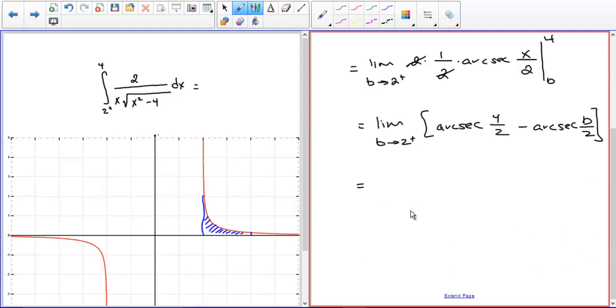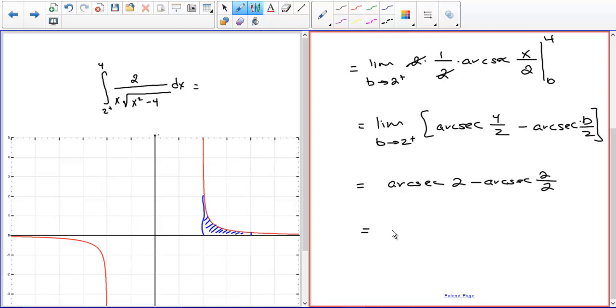And then we can take the limit as b goes to 2. So we can just plug in x equals 2 and see if we have a determinate result, which we do. So you get the arc secant of 2 minus the arc secant of 2 divided by 2. That's plugging that in there.